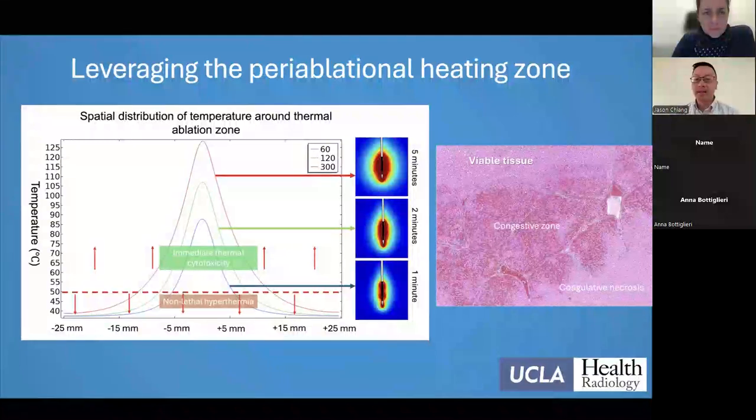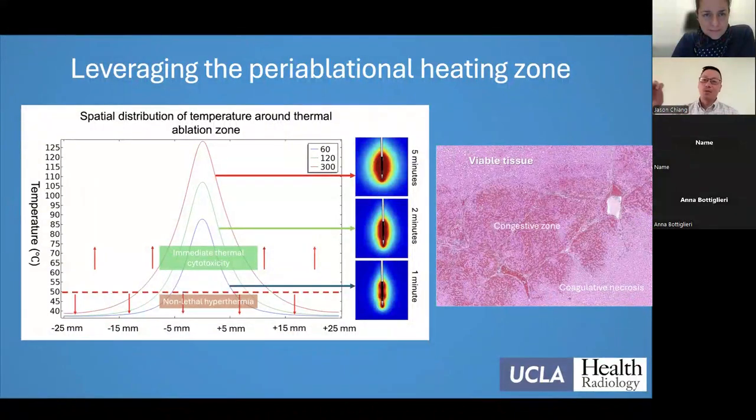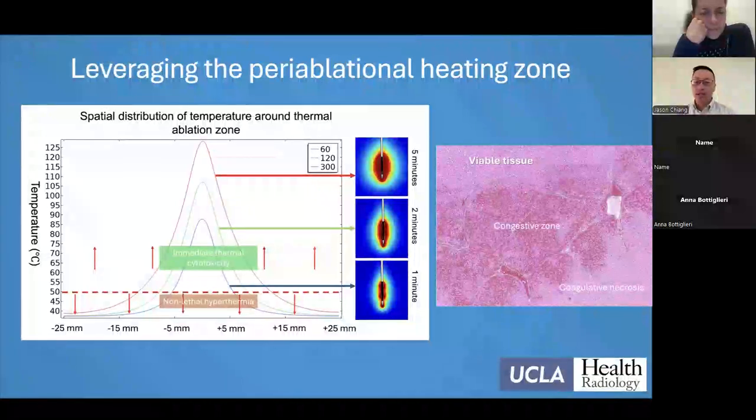So they didn't leave anything behind, but they were saying, well, in these kinds of diseases, if they have little microscopic disease outside of the tumor, then the immunotherapy would be able to pick it up. And if they're able to heat it up with this periablational zone, then potentially it'd be a way to combine the ablation with the immunotherapy.